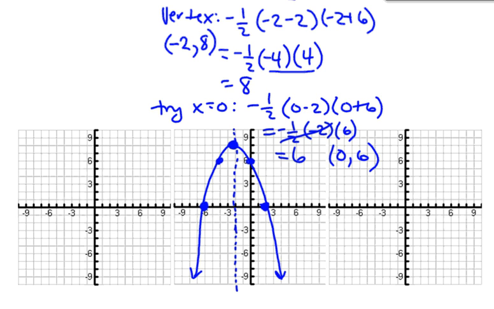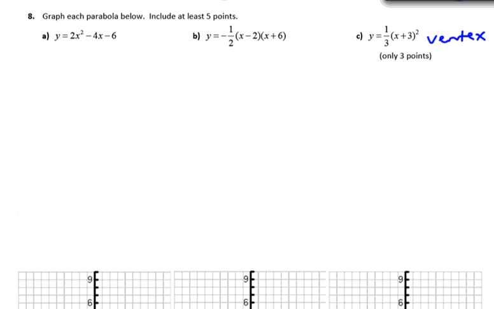Okay, last example is part C. Part C, notice, is in vertex form. So vertex is (h, k). So my h is actually going to be negative 3. But notice that I have nothing sitting here for my k. And that's exactly right. The k here is actually 0. So my vertex is going to be negative 3, 0, since there's nothing added on the end.